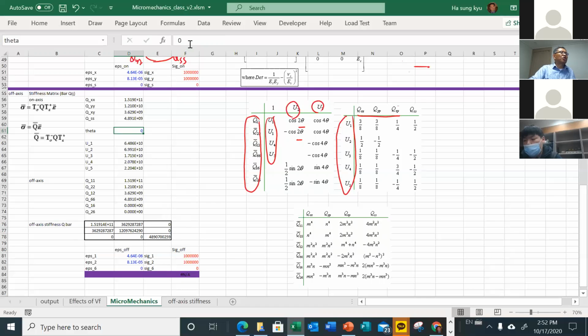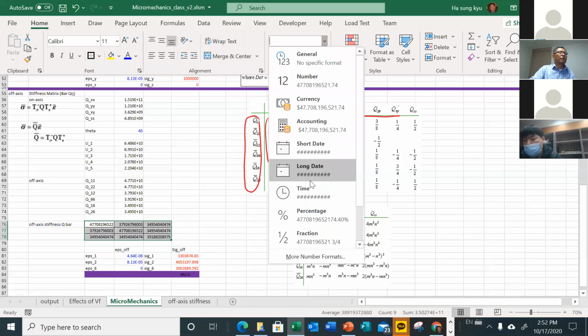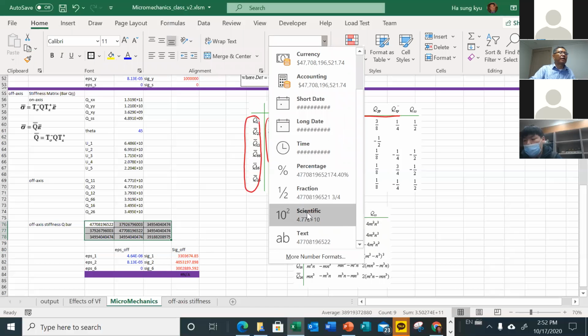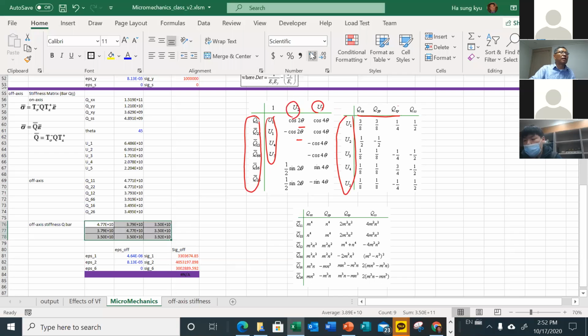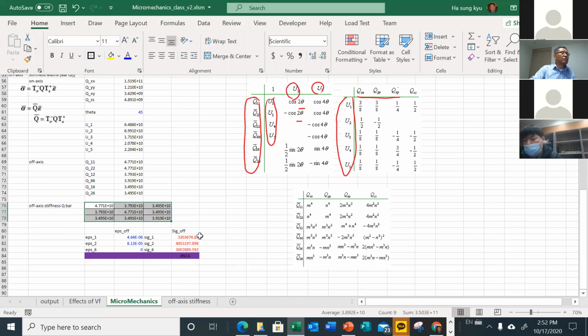Now, if we change theta to 45 degrees, now you see many terms. The Q off-axis will have values in off-axis. Well, it's not easy to predict. We need to go through these transformations.